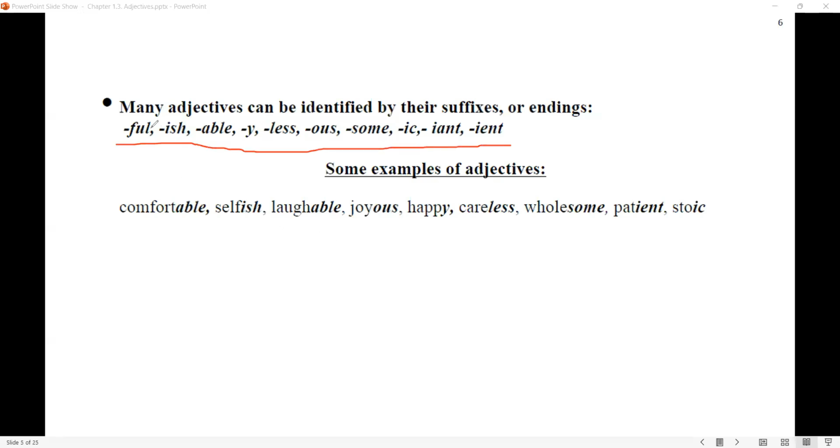FUL, like beautiful, doubtful, or ISH, childish, ABLE, capable, or Y, like happy, LESS, like careless, OUS, like dangerous, joyous, SOME, like wholesome, or IC, here I have stoic, or IANT, like patient, or IENT again. So these are all suffixes that you can use with adjectives.